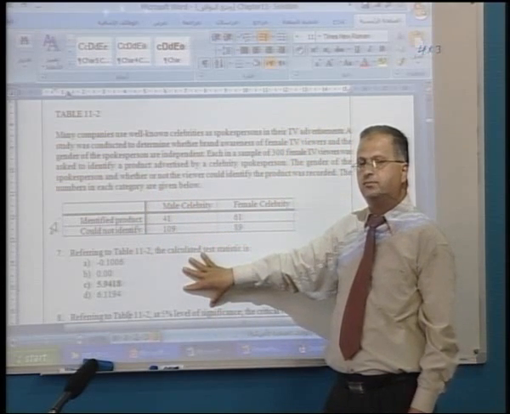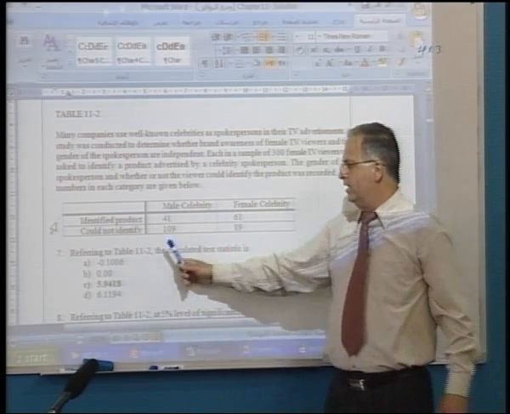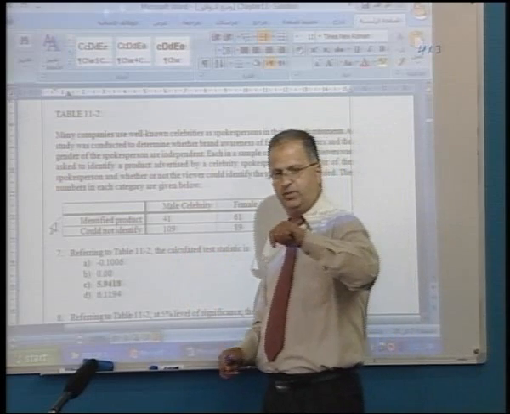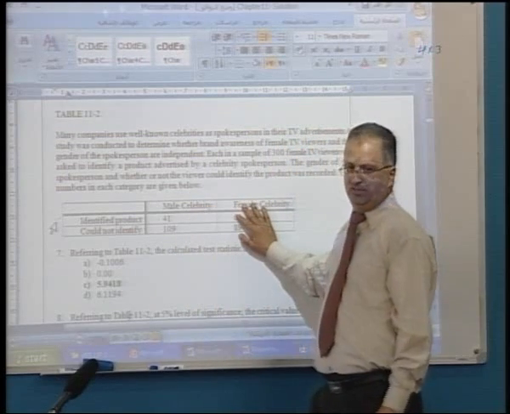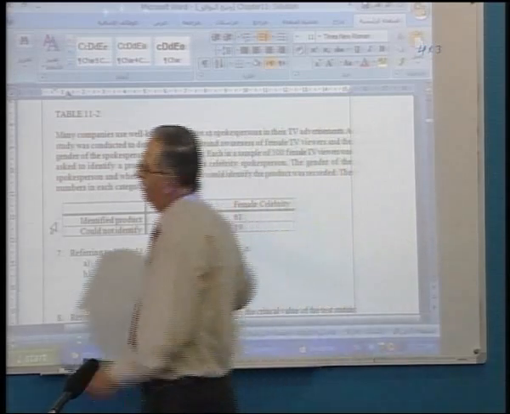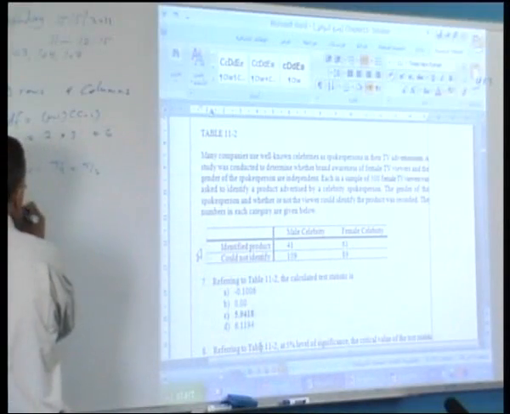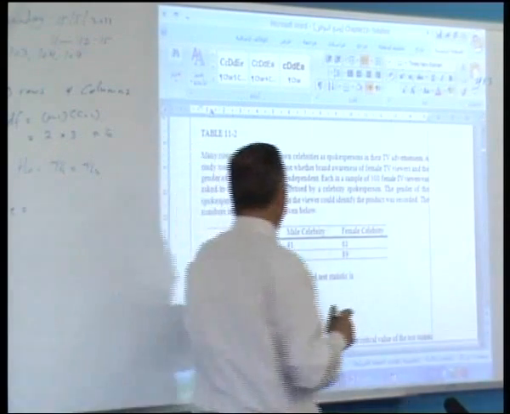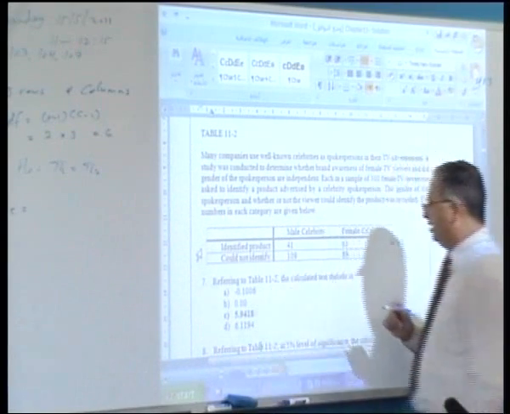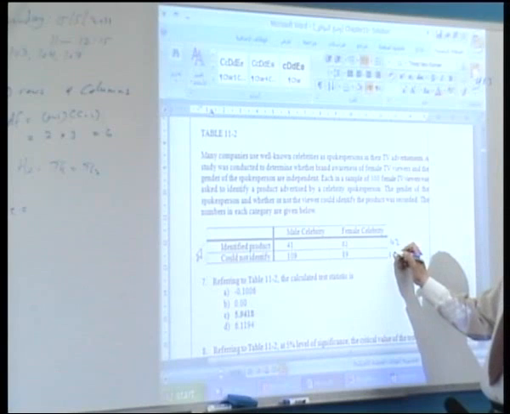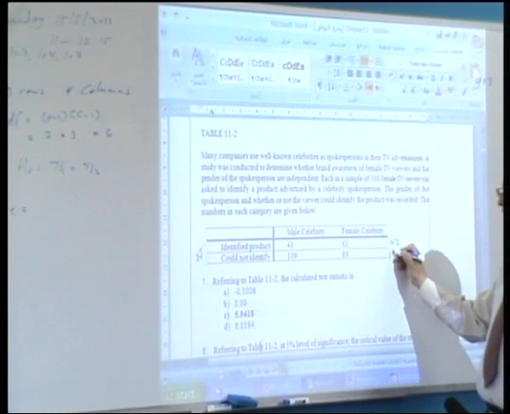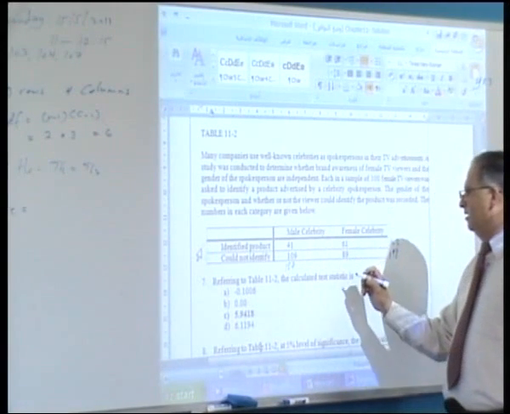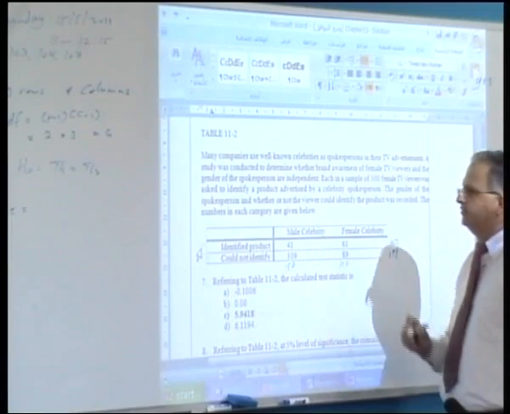Now the first question asks about the calculated statistic, so we have to find the chi-square statistic. It's a 2 by 2 table, an easy one. For example, to find the expected frequency, the row totals are 102 and 198, and the column totals are 150 and 150.